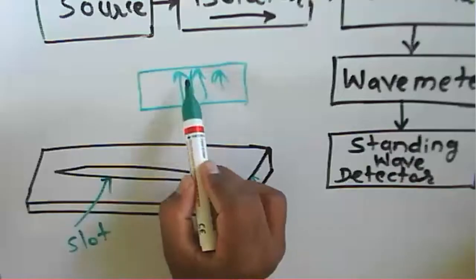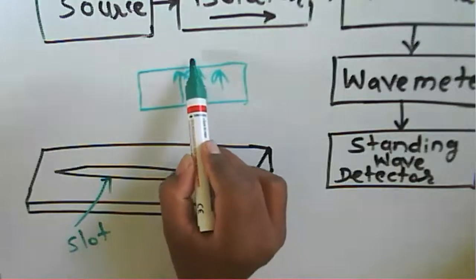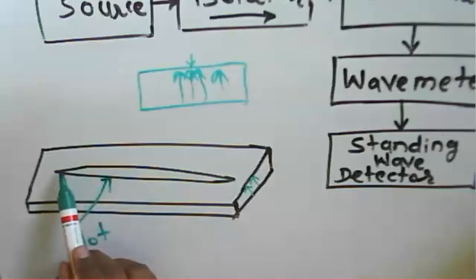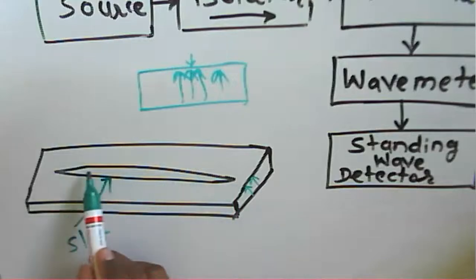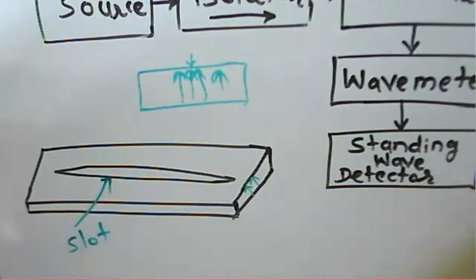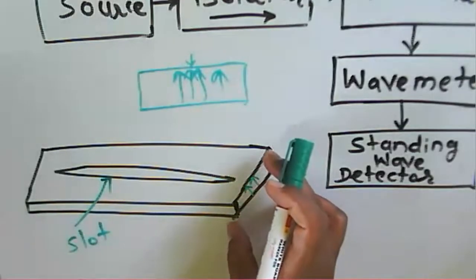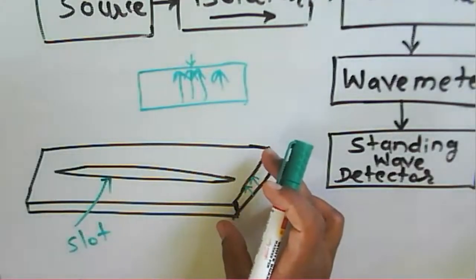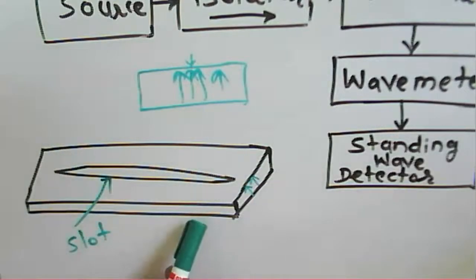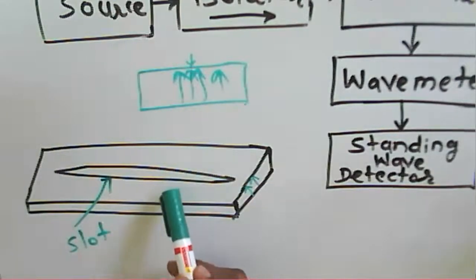At the center of a guide there is always maximum electric field intensity. That's why the slot is present at the center of this particular guide, along this width. This one is the broader side of the waveguide, and this one is the small side.